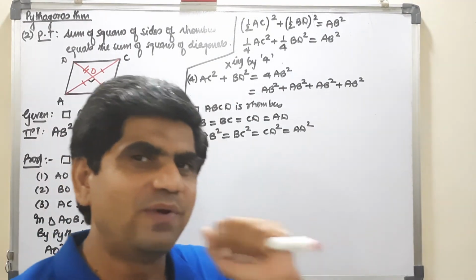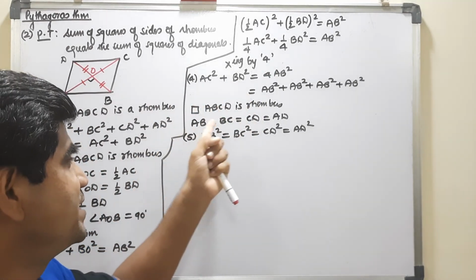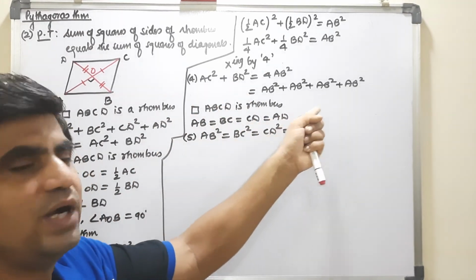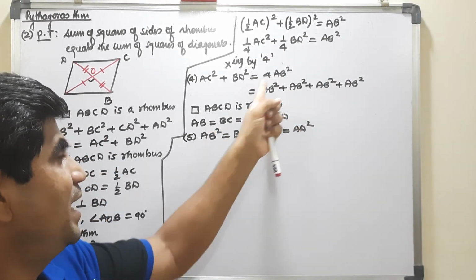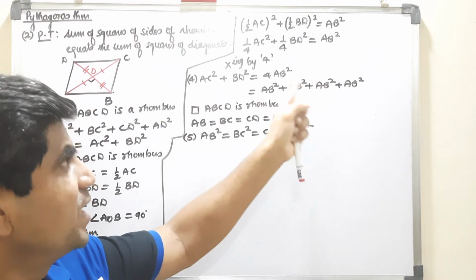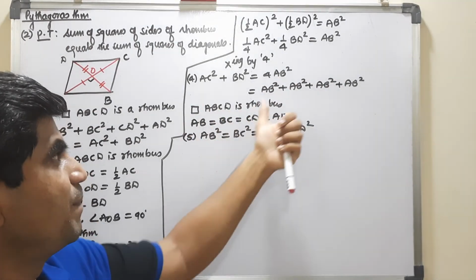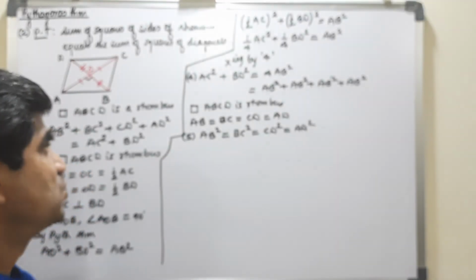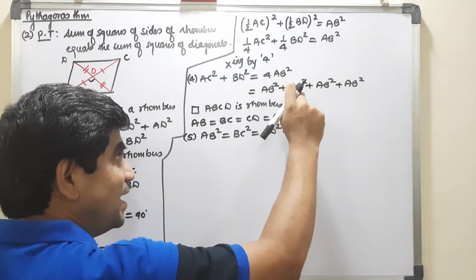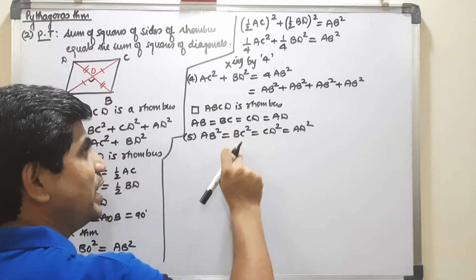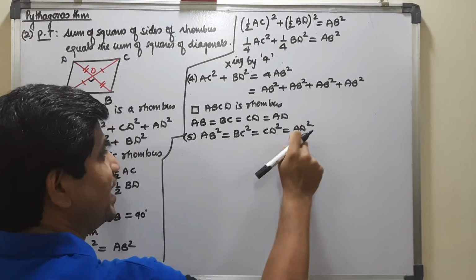You could have written this in the very beginning. The simple way I am telling you is that you should take AB is equal to BC is equal to CD is equal to AD is equal to a. So this will directly become 4a square, that is a square plus a square plus a square plus a square, which you can replace by the remaining ones. I keep this AB square as it is, but I replace this AB square by BC square, this one by CD square, and this one by AD square.